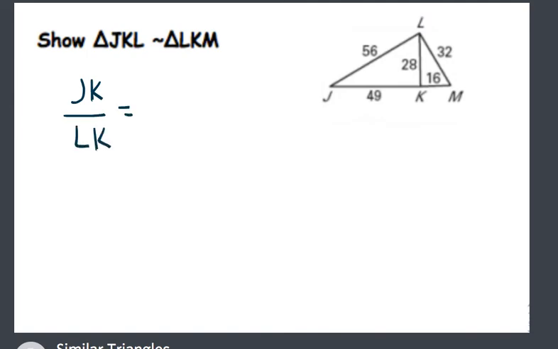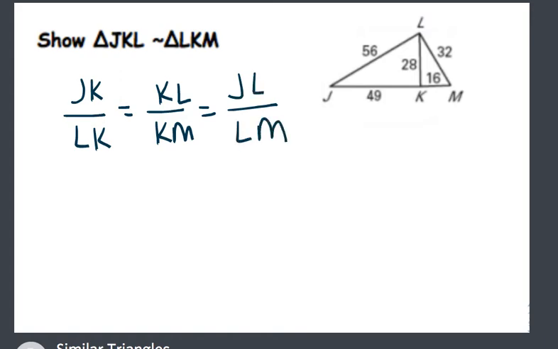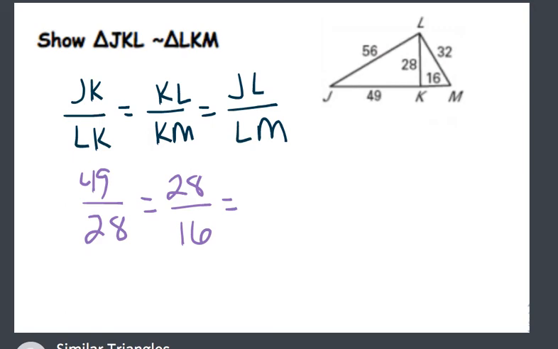And so JK in the picture is 49. LK in the picture is 28. KL, same as LK, 28. KM is 16. JL is 56. And LM is 32. So I set up these proportions again using the names from the similarity statement to figure out my corresponding sides.